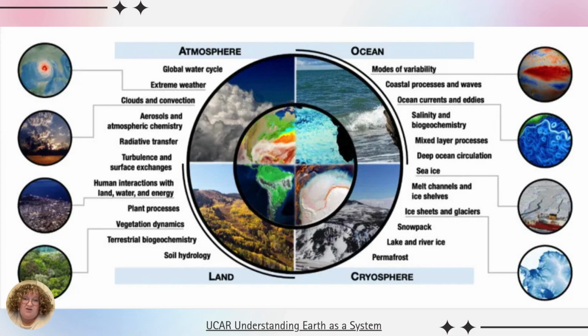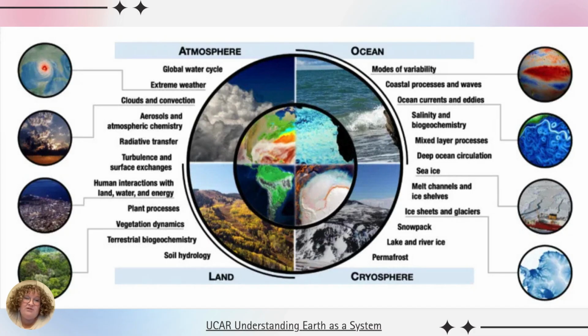Okay, so we have the atmosphere, the ocean, and then the land and cryosphere. The atmosphere interacts with the ocean through the global water cycle and extreme weather, for example, hurricanes. The ocean and the cryosphere interact with each other through sea ice, and the cryosphere and the land interact through things like permafrost.